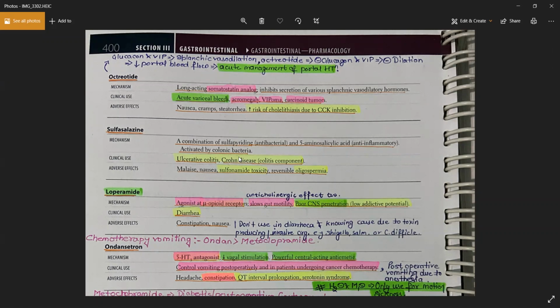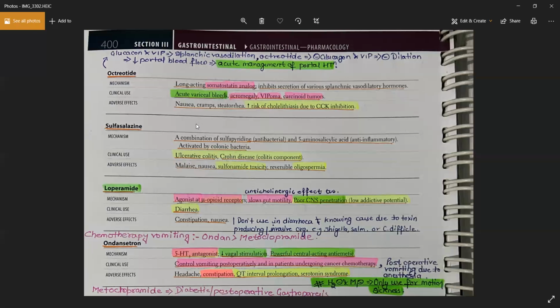You will also use the octreotide for the management of portal hypertension, because you need to inhibit the glucagon or the epinephrine that can cause vasodilation. By inhibiting these things, you can have vasoconstriction that could prevent this hypertension.